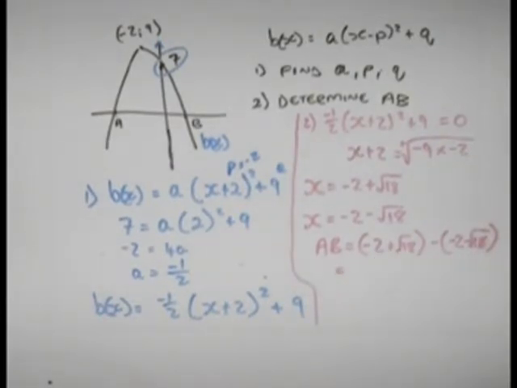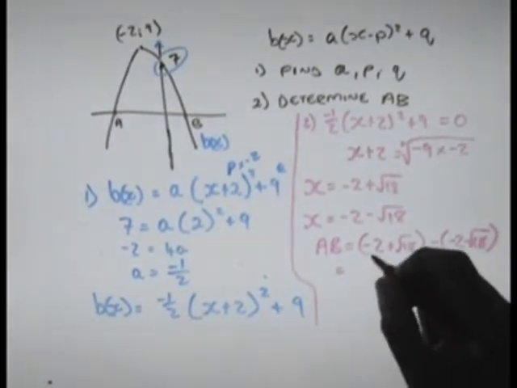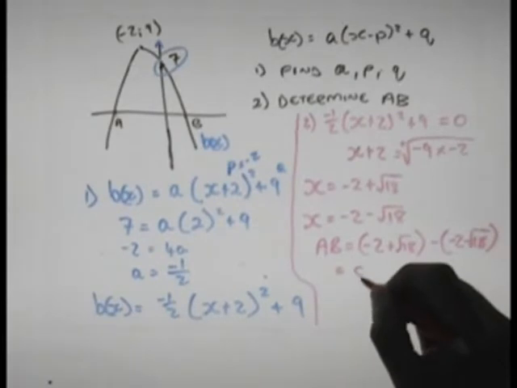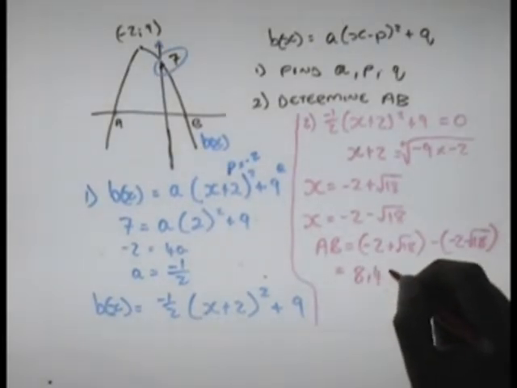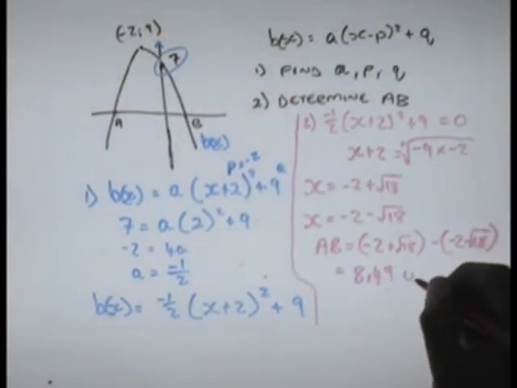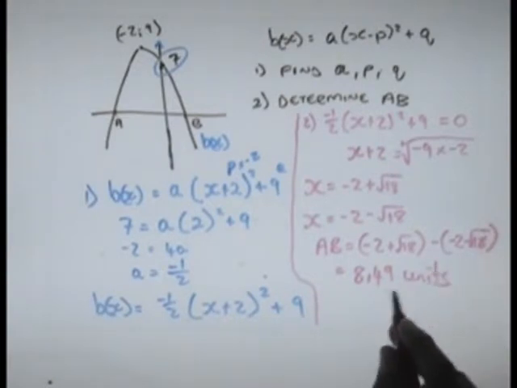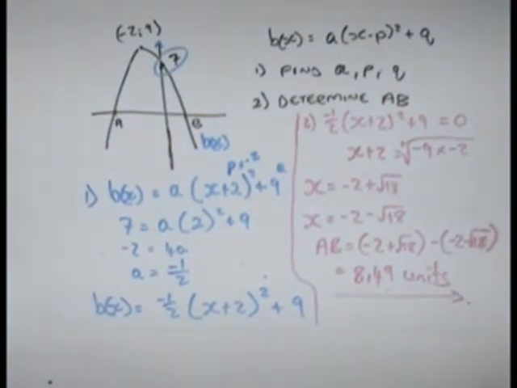If I punch that into my calculator, that's going to give me an answer of 8.49 units, rounded off to 2 decimal places. That is the distance of AB.